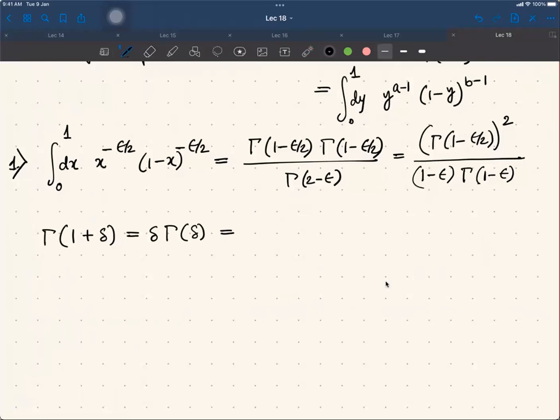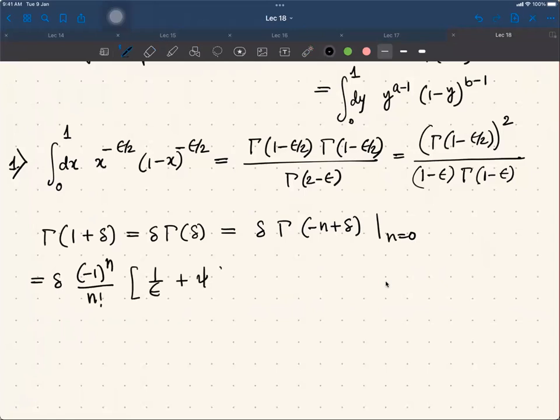So let me use that result here. So this is the same as delta times gamma minus n plus delta with n equal to 0, and that formula, which was given earlier, is minus 1 to the n over factorial n, 1 over delta plus psi n plus 1 plus order delta.